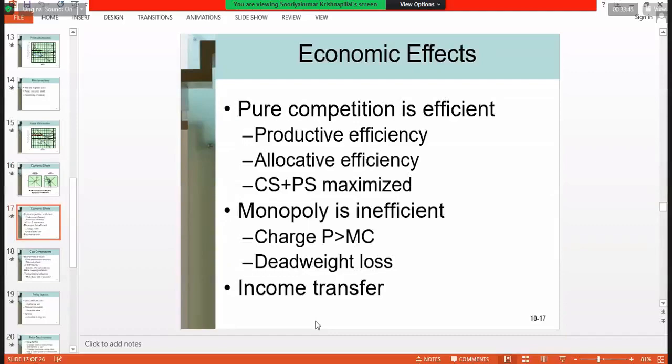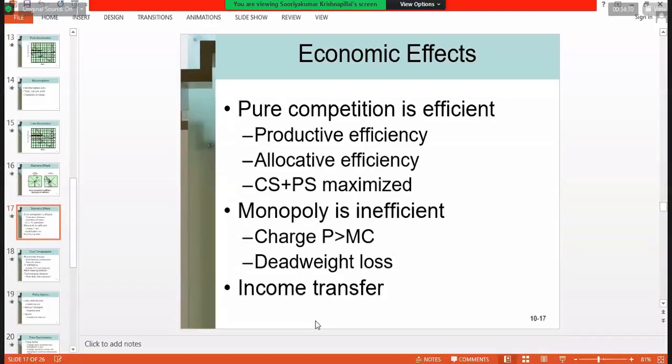By selling at the higher price, the income from consumers is transferred to the rich people, the shareholders. So the monopoly transfers income from consumers to the shareholders.